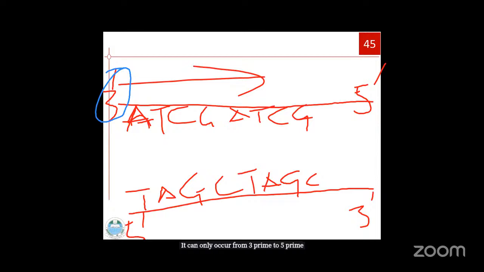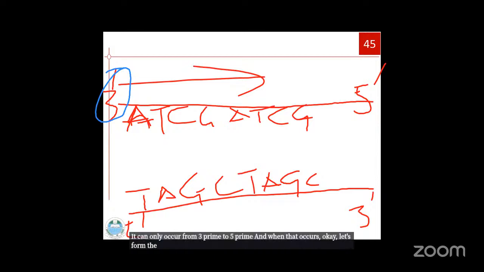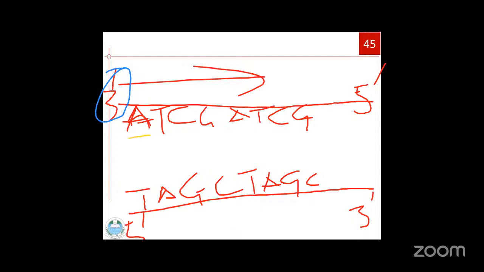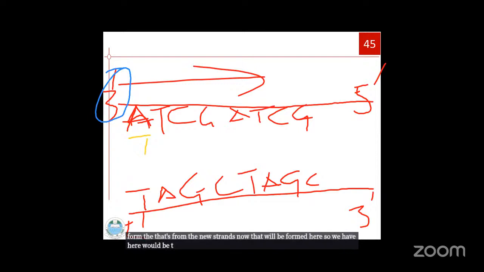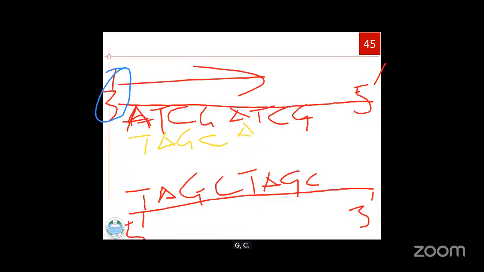And when that occurs, okay, let's form the new strands that will be formed here. So we have here will be T, here will be A, G, C, T, T, A, G, C.